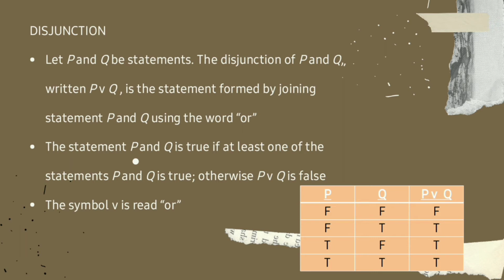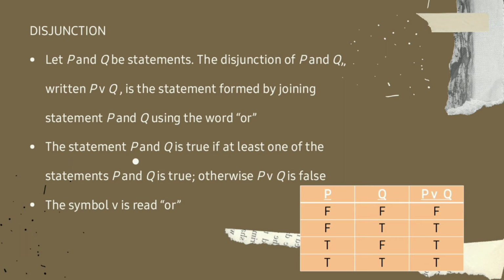Okay, so let P and Q be statements. The disjunction of P and Q, written P ∨ Q, is the statement formed by joining statements P and Q using the word or. In conjunction, ∧ is read as and, while in disjunction we read ∨ as or.